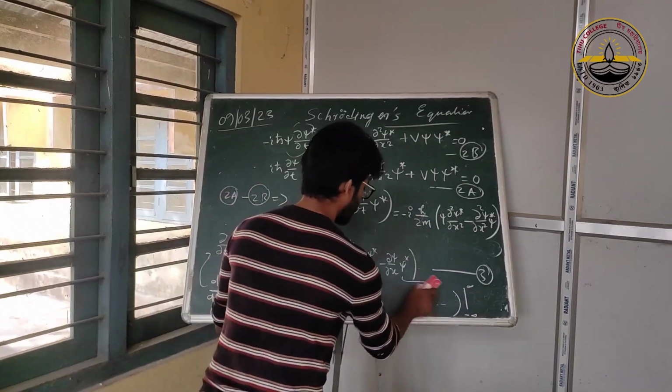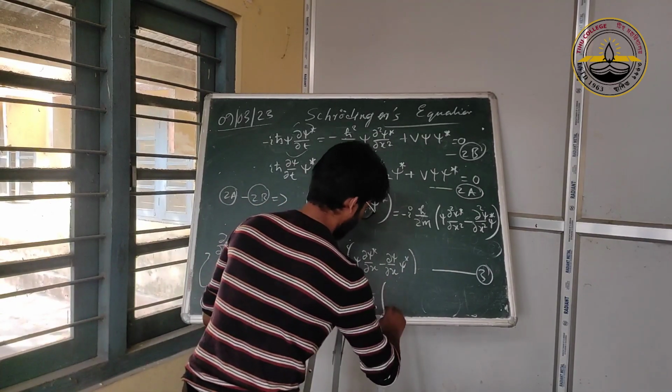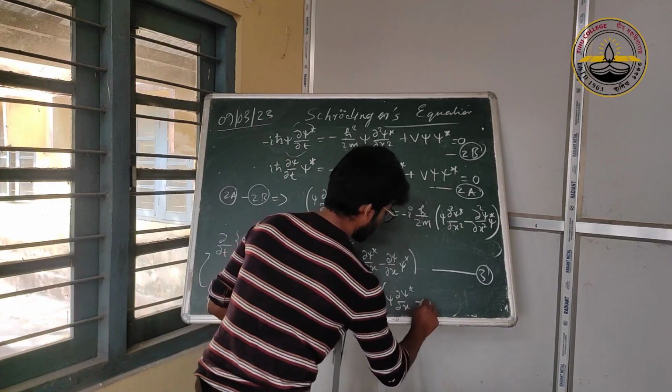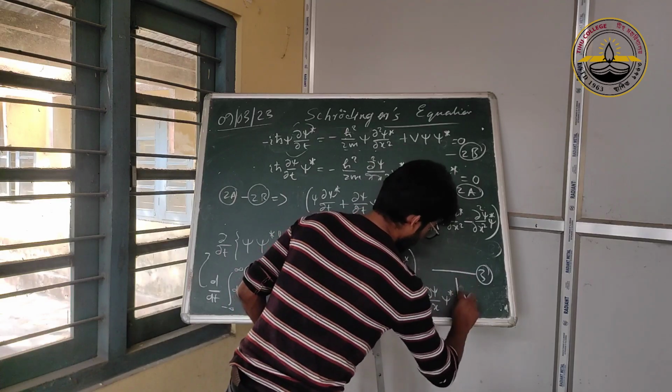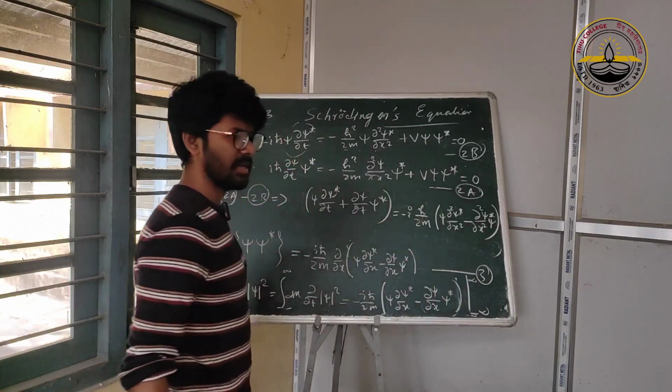So let me write it down. What you have is ψ ∂ψ*/∂x minus ∂ψ/∂x ψ*, from minus infinity to plus infinity.